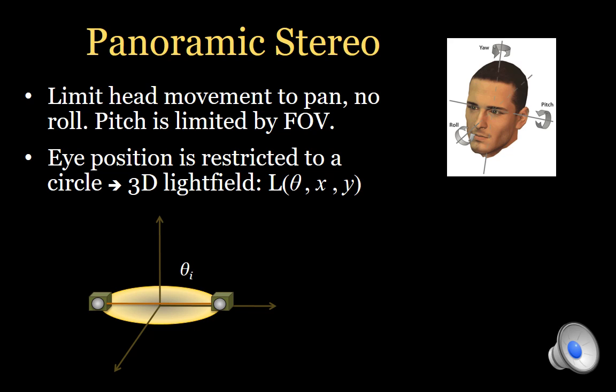This significantly reduces the amount of information that needs to be captured, and the light field one needs to capture reduces from a 4-dimensional function to now a 3-dimensional function, where theta denotes the looking angle along the horizontal direction and x and y denote the pixels along the image.